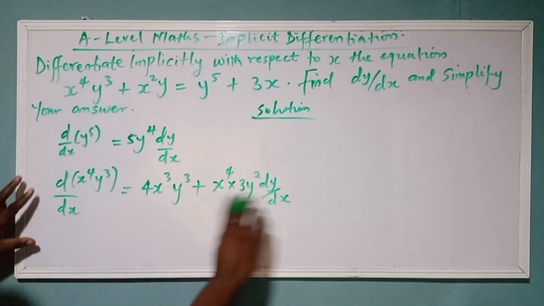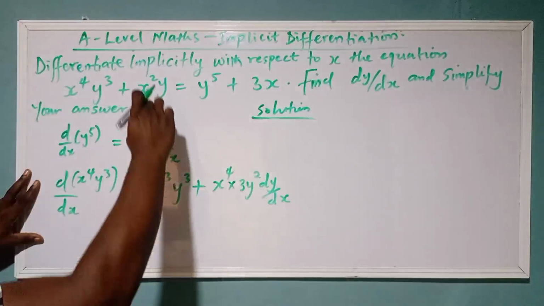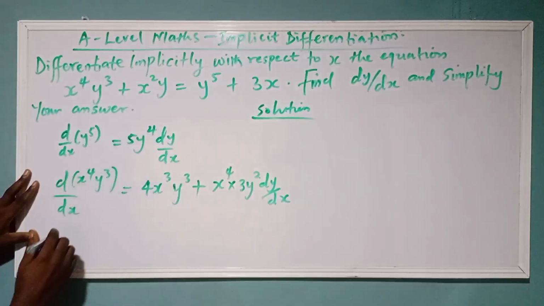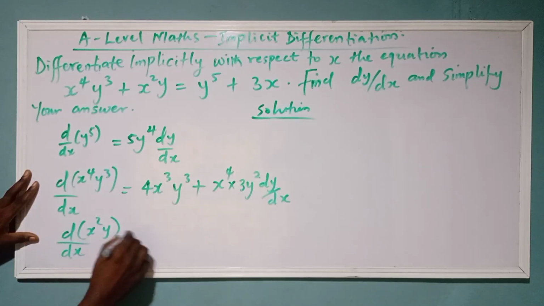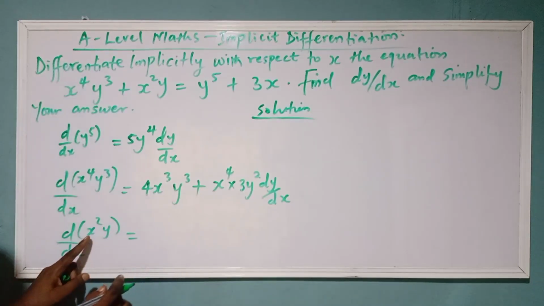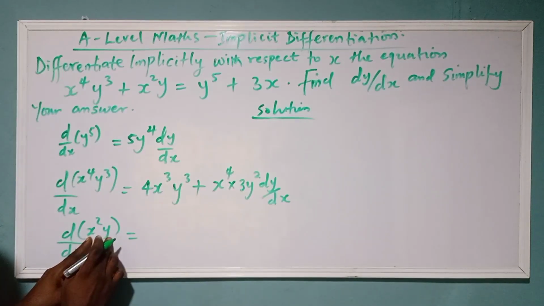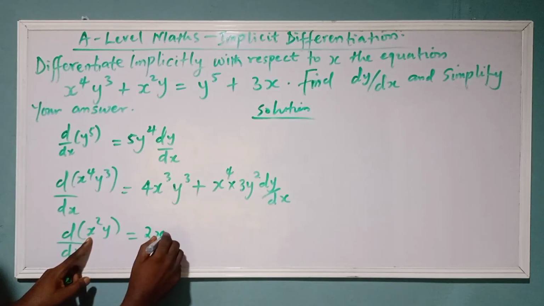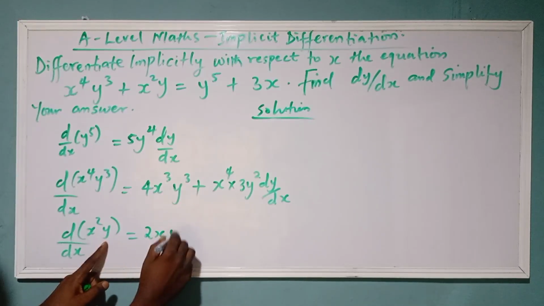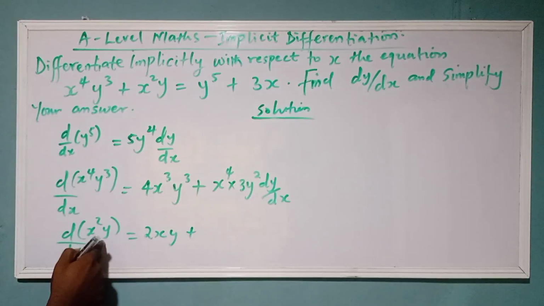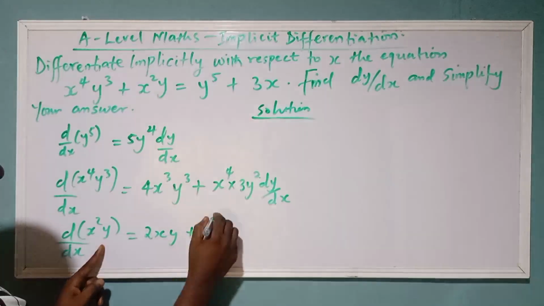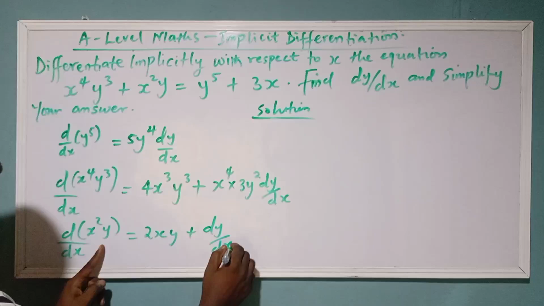Now if I want to differentiate x raised to the power 2 y, I'll differentiate x squared and keep y constant. So this will give me 2x, keeping y constant. Then I will do the second differentiation. Now I'm differentiating y, so since it's only y, I'll just have dy/dx and keep x squared constant.